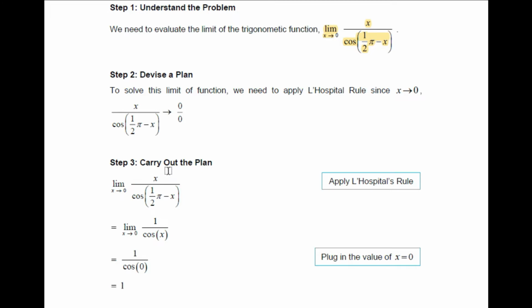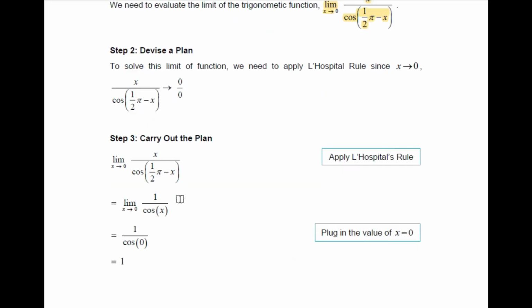Step 3, we carry out the plan. We rewrite the limit of the function and apply L'Hopital's rule. With L'Hopital's rule, we differentiate the numerator and differentiate the denominator, and then take the limit.